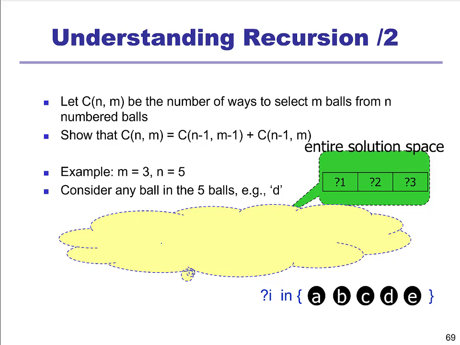Okay, here is another example. In this example, I try to show you what is a good recursion and what is not a good recursion. This C(n, m) represents the combination of m objects from a set with n objects, right?